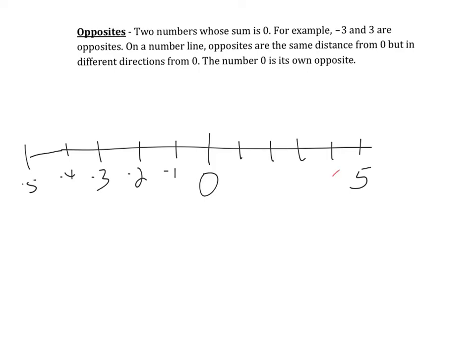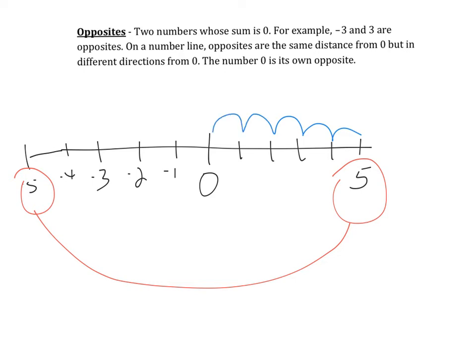What is the opposite of 5? Well, it's -5. They're the same distance from 0. 1, 2, 3, 4, 5. So their absolute values are the same, it's just they have different signs.